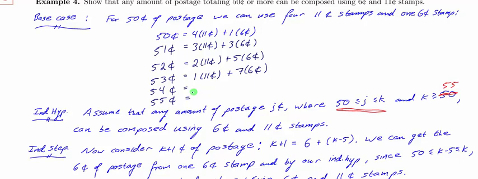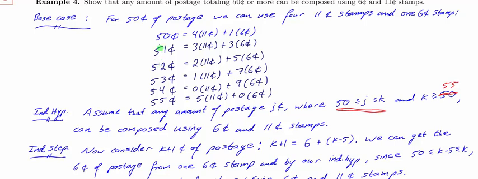Take away the last 11-cent stamp, so 0 11-cent stamps, and just use all 6-cent stamps. We need 9 of them in that case. And then for 55 cents of stamps, we're back to a multiple of 11, so I can then use 5 11-cent stamps, and I don't need any 6-cent stamps for that combination.